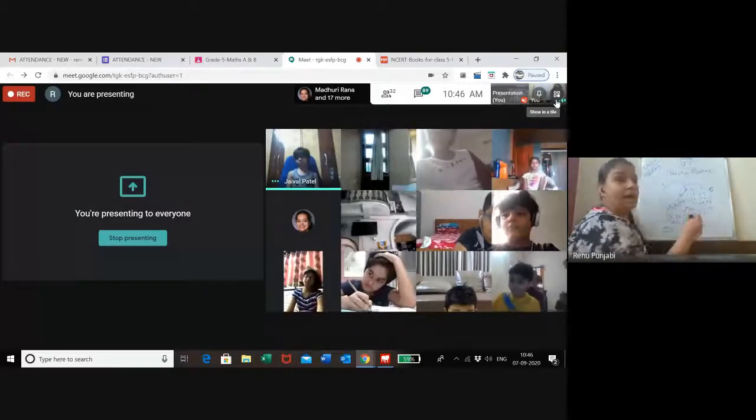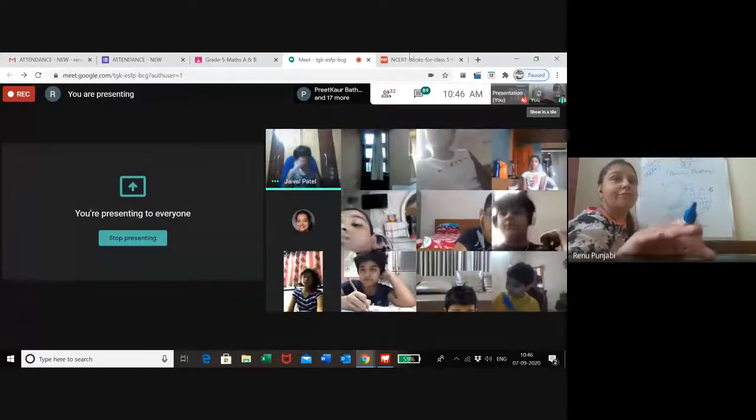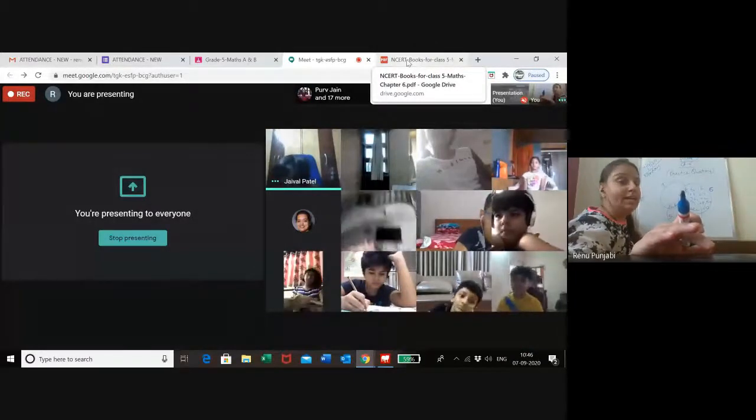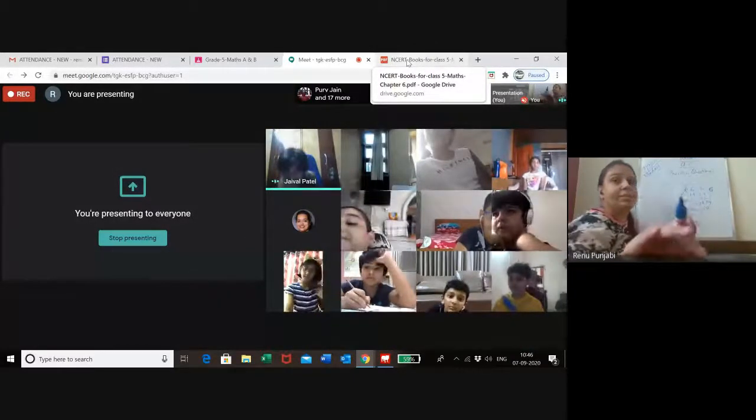Okay. Now, after writing the multiples of 5 and 6, you can check in your books. It is saying to write the common multiples in the green part.